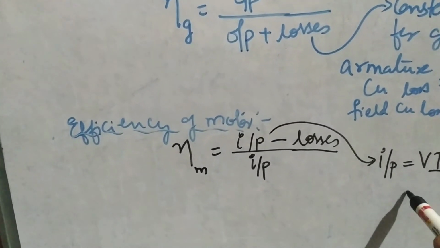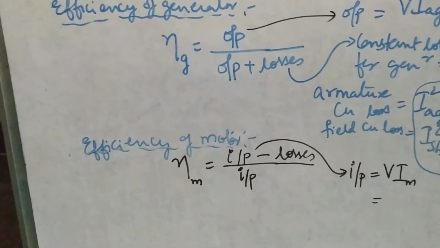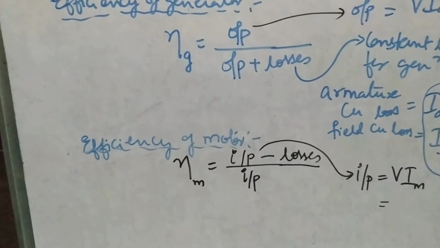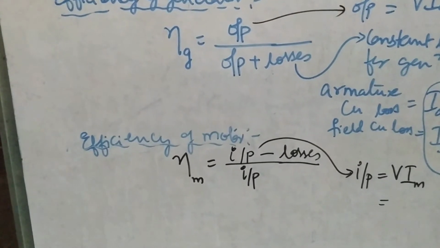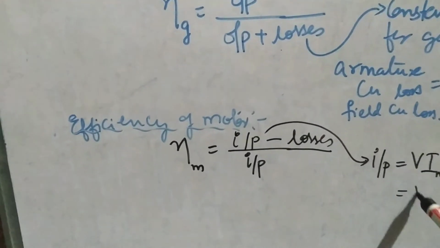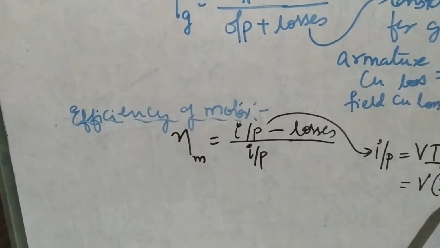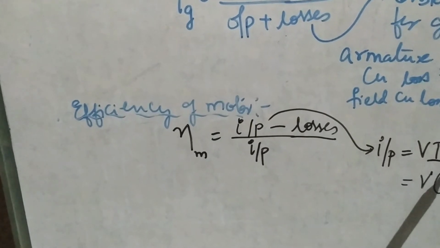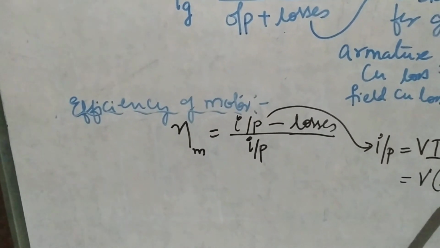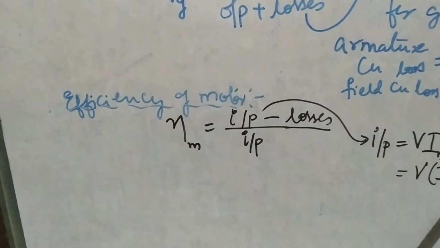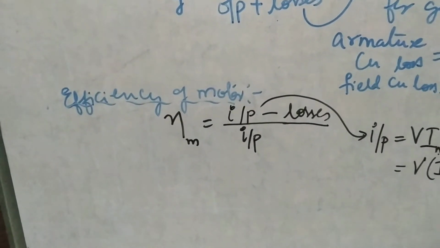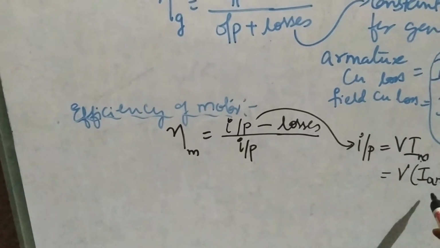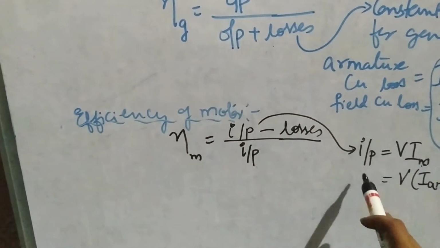The current which is flowing to the motor is nothing but the line current, V into IL. So it was a sum of the armature current plus the shunt field current. Therefore we have to include these two values. So that will be the input.